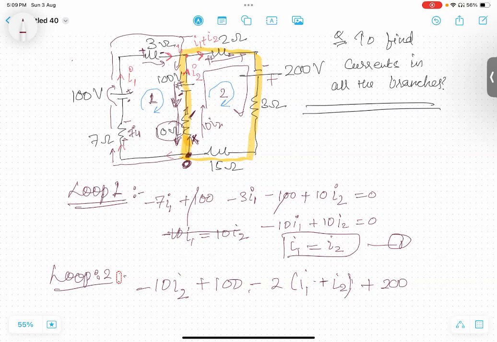Again, when we cross this resistor of 3 ohm, we are going to get a drop because the current is going from plus to minus. So we are going from higher potential to lower potential in the loop. So we are losing minus 3(I1 plus I2), and across this.